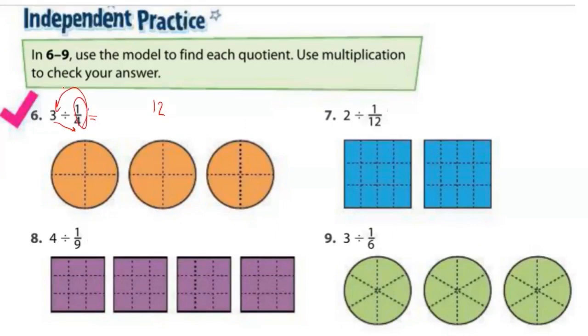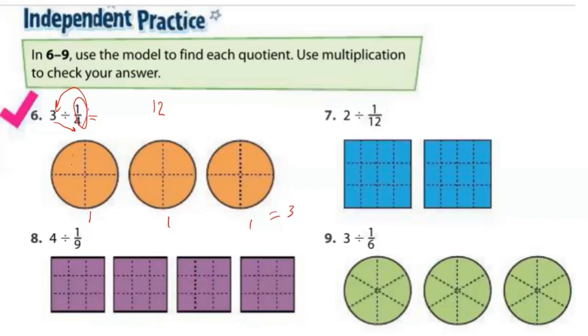It means we are going to divide this 3 into 3 models. 1 plus 1 plus 1, we get a total of 3 wholes, okay? And when we ask you how many quarters, you have to divide each model into 4 parts, then count the total parts you get in the 3 models to get the total answer.